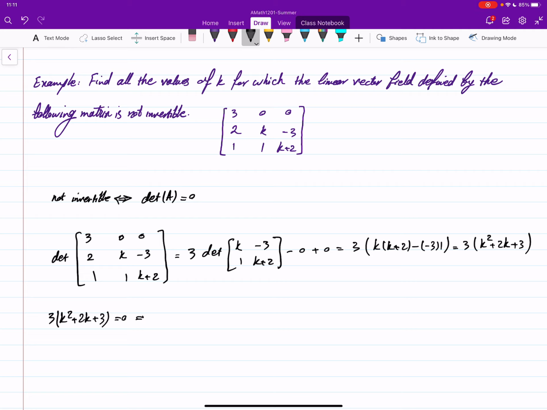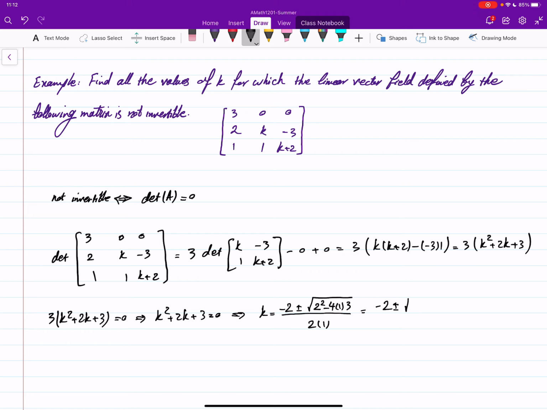If we set that equal to 0, obviously this would mean that just k squared plus 2k plus 3 is equal to 0. This is quadratic. I can go ahead and try to use the quadratic formula: minus b plus minus root b squared minus 4ac, divided by 2a. But you see that under the square root, we are getting negative 8. While if it was only real numbers, you would say there is no solution. But now you have complex numbers.